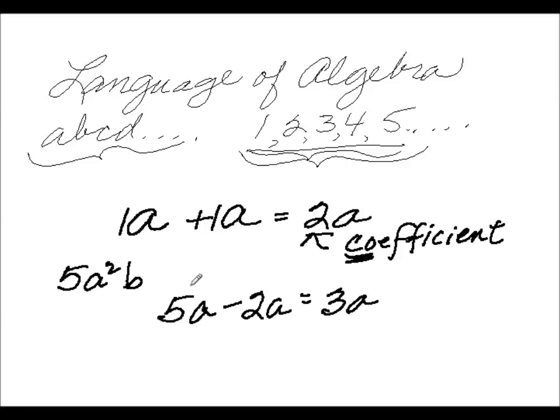Then they came to multiplying. How will we represent multiplying? If we said, I want to multiply 5a times 2a, wonder what happens then. If it had just been 5 times 2, the answer would have been 10.